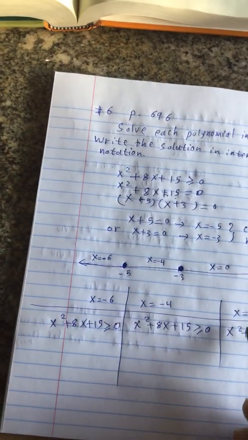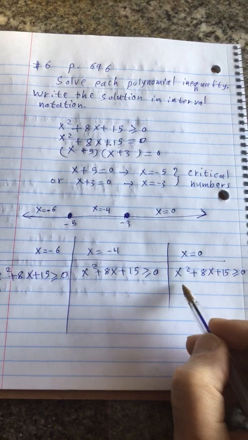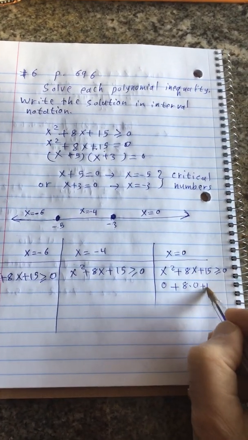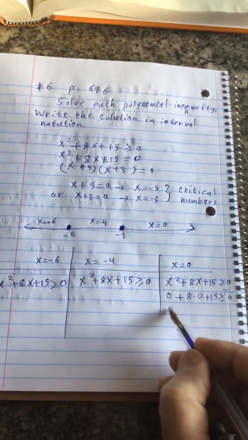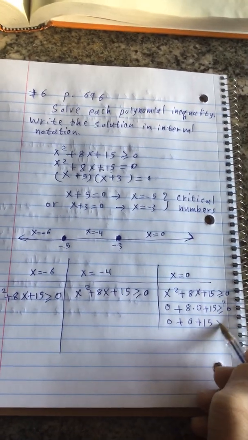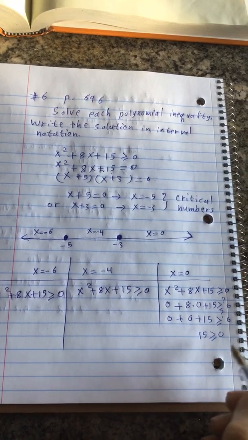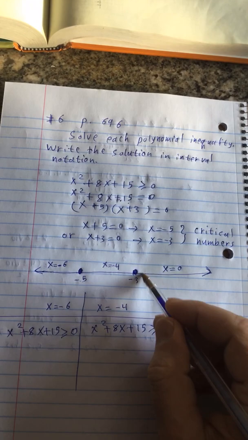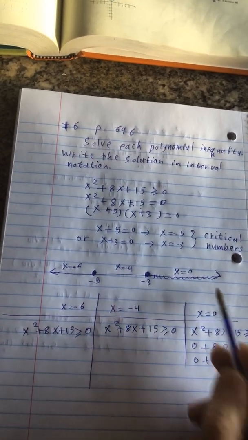Let us start with x equals 0. 0 squared is 0, plus 8 times 0, plus 15. Is it greater than or equal to 0? So yes, 15 is greater than or equal to 0. This is a true statement, so this is a solution. We accept this interval from negative 3 to infinity.